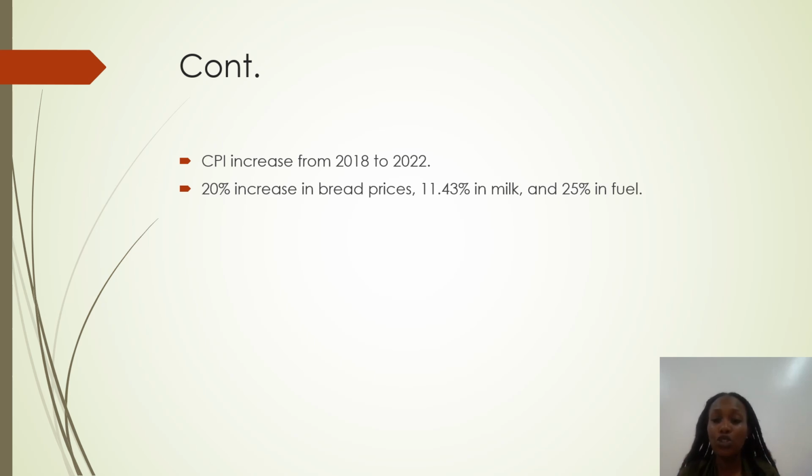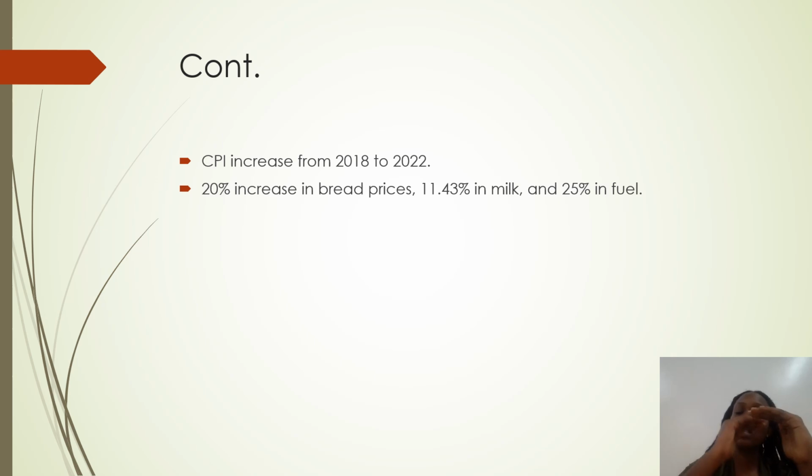If I remember well, on the side of bread, the CPI of 2022 was 120 something. Since the CPI for our base year 2018 is 100, there is an increase of 20%.